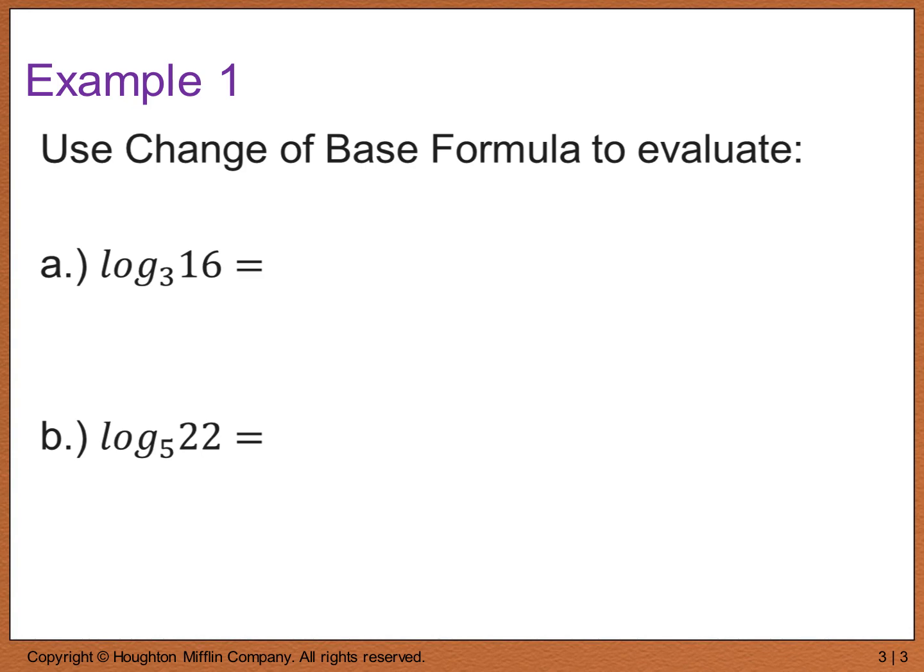Well, I can't type that in on my calculator as it stands because I don't have a base 3 log key. So I'm just going to use log base 10. I'm going to do log of the tall, which is the 16, and then divide that by the log of the small, which is the 3.